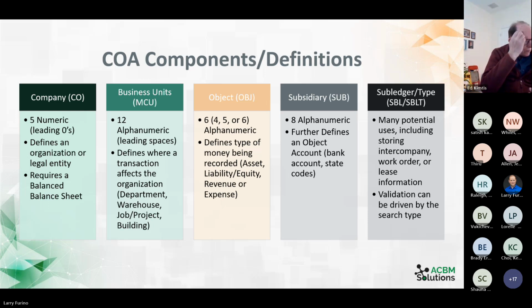Business units, obviously a 12-position alphanumeric code, and that's just defining who am I. I'm a department, I'm a business line, I'm a location, I'm a plant, that sort of thing. And you don't have to use all 12. And when we work through, we don't make any decision for how many positions we're going to use for any codes until the end. The design process will lead us to the solution that we need.